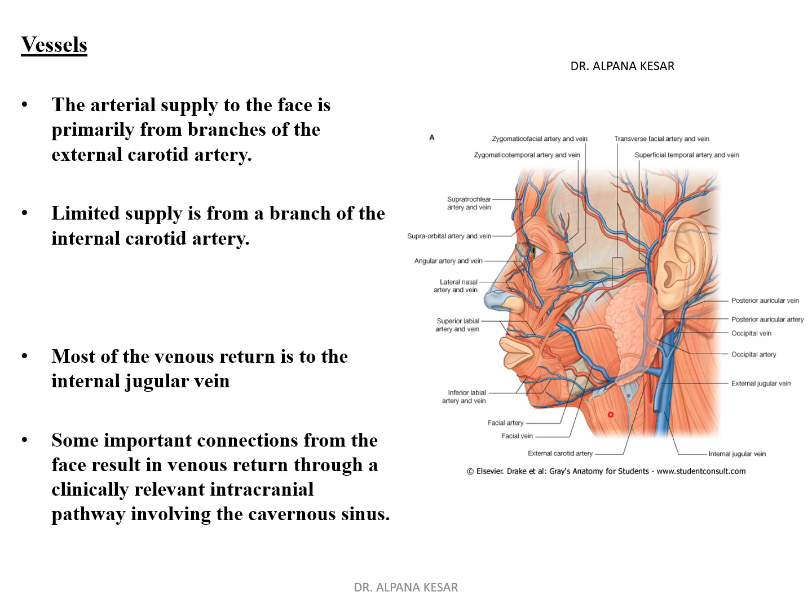Venous drainage from the face is into internal jugular vein. However, due to deeper connections of the veins of the face, some of the blood may return through a clinically relevant intracranial pathway involving cavernous sinus.